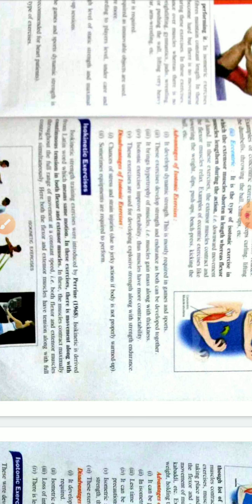It brings hypertrophy of muscle, that is muscle mass gain along with thickness. Isotonic exercise improves flexibility. The flexibility of our muscle improves. Therefore, the muscle has more contractibility.